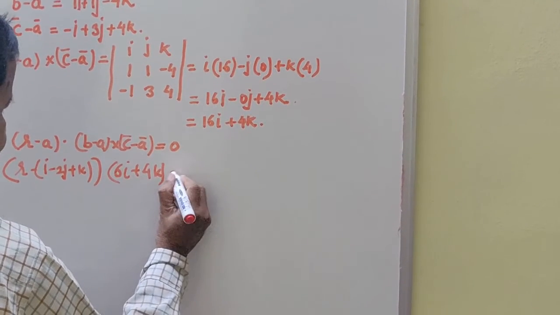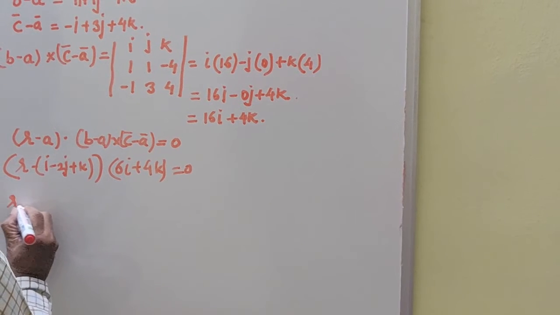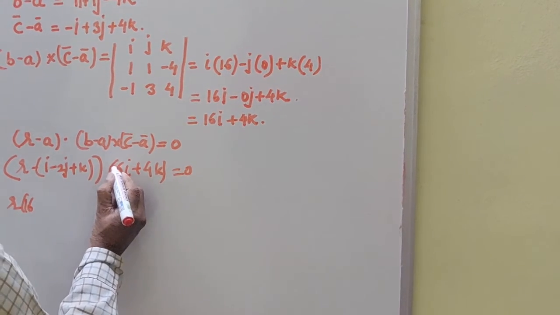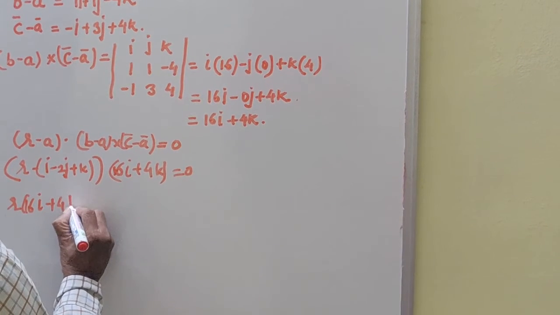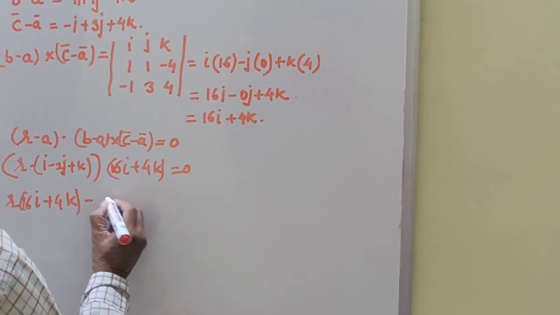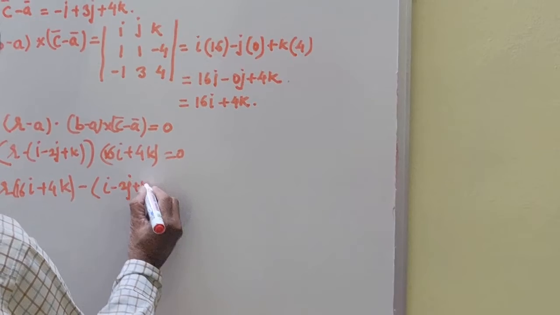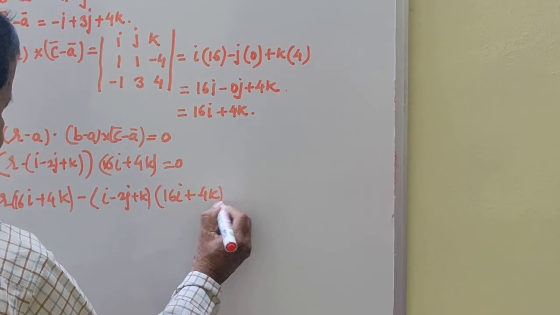Okay, is equal to 0. Now I will multiply this with this. So what will come here? r into 16i plus 4k, minus (i minus 2j plus k) into (16i plus 4k), is equal to 0.